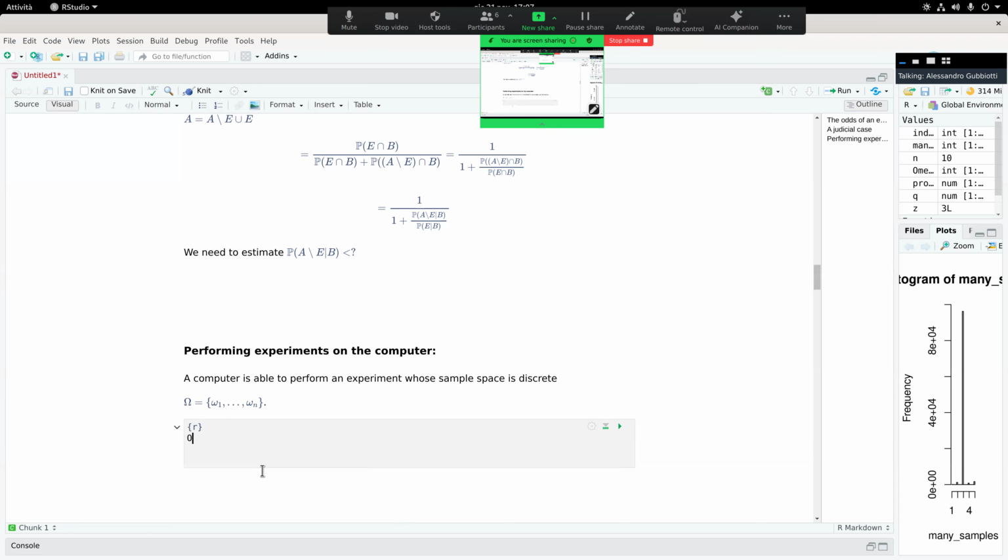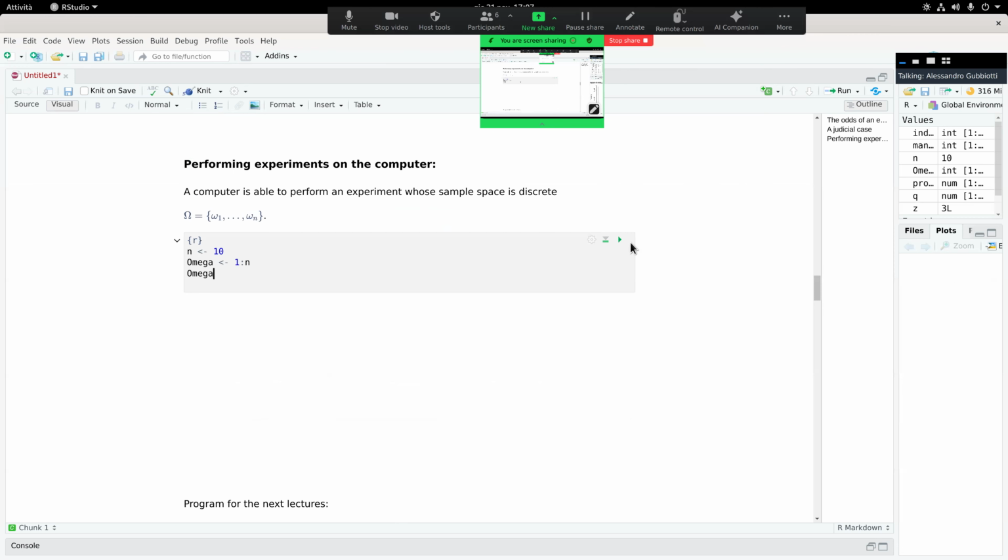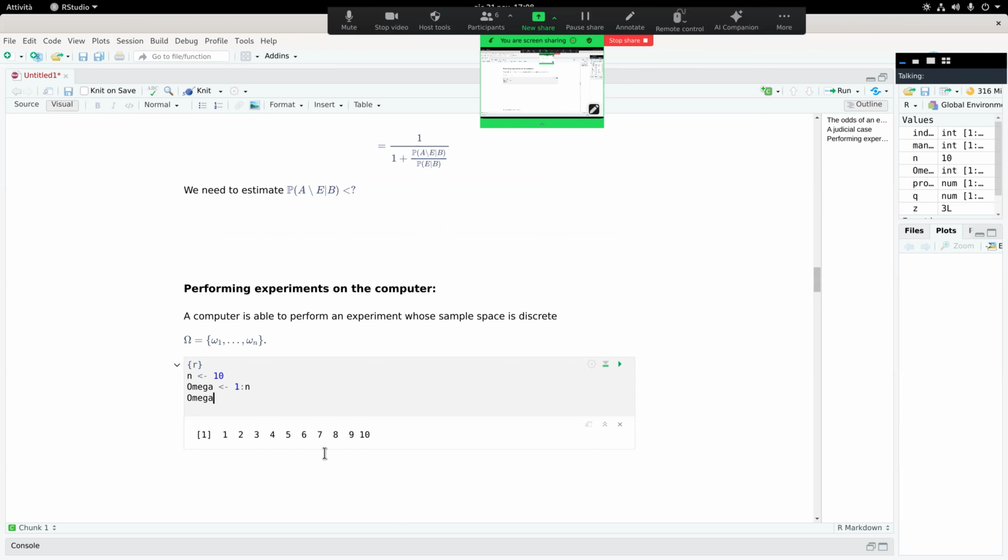Let's take n to be equal to 10, and omega is simply 1 to n. We can plot omega. Instead of calling them omega 1, omega n, we'll call them 1 to n, but they are elementary events.